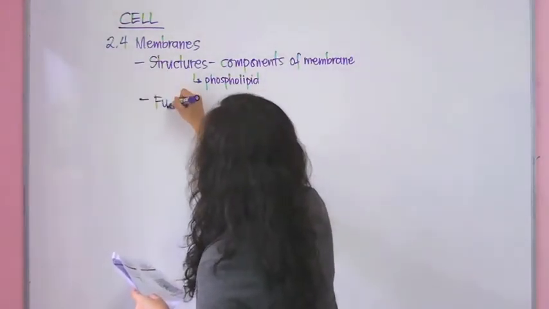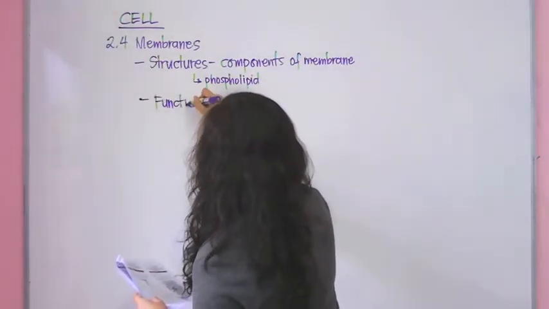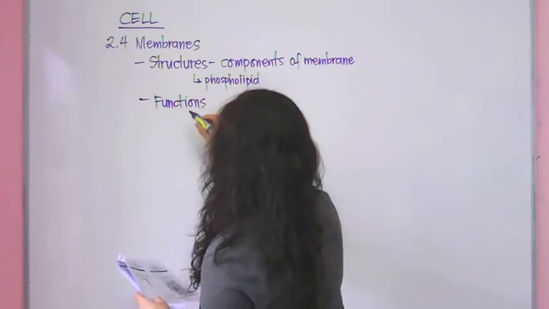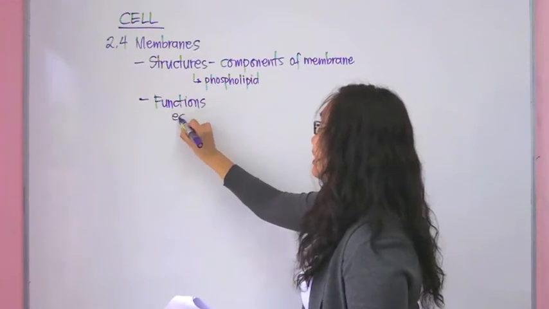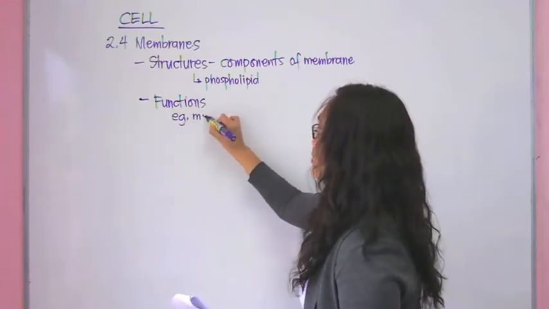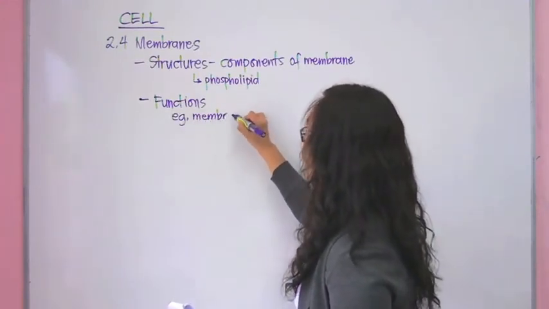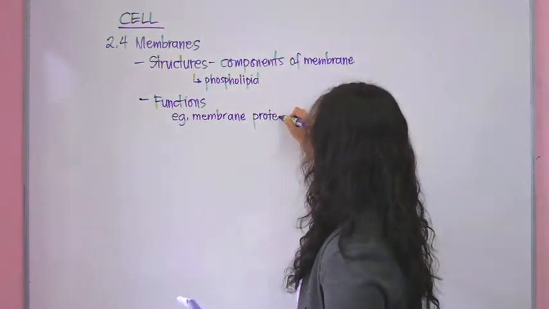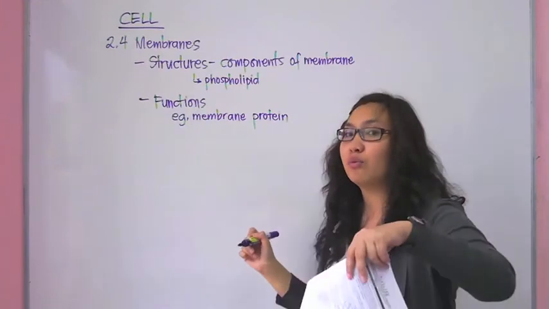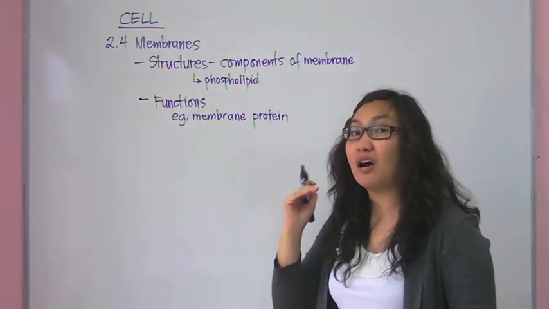Okay, so we need to write down their functions as well. In the case of another structure, let's just say an example, structures present in the phospholipid bilayer, we have the membrane proteins. Since there are different types of membrane proteins, we need to elaborate the function of each.